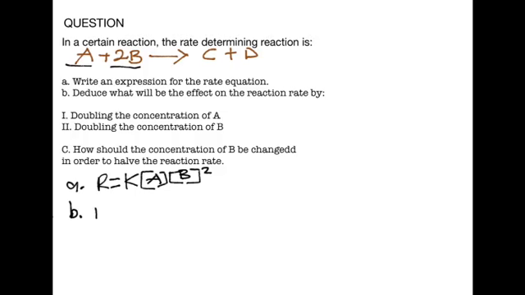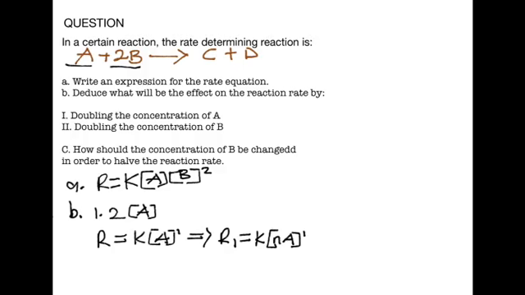Now (i) says that we double the concentration of A. But let's remember that when we have a first order reactant, with a rate such as this, and we increase the concentration of A by n, our new rate R1 is equal to K into brackets nA, and then we can say that R1 is equal to nR.